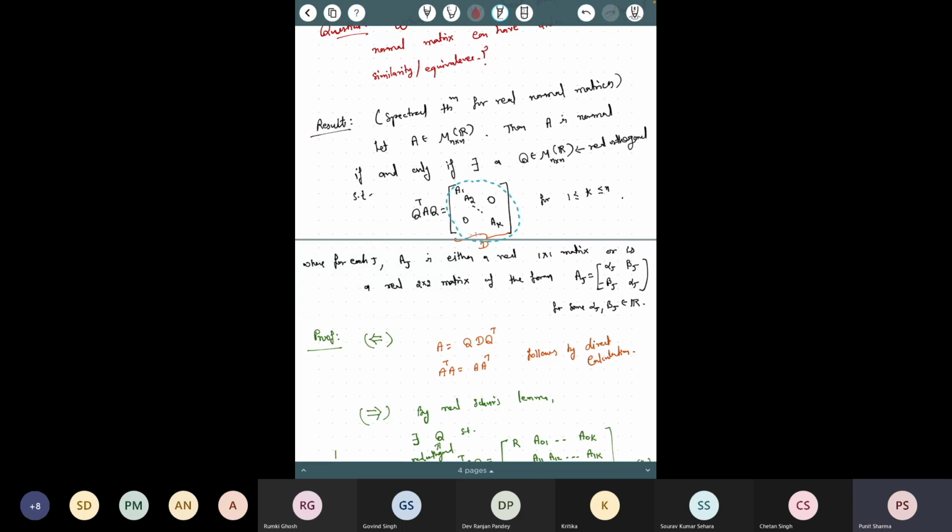where these block diagonals are either 1 cross 1 or 2 cross 2. But since A has all real eigenvalues, there would be no 2 cross 2 block. So that means this D matrix here would be diagonal.